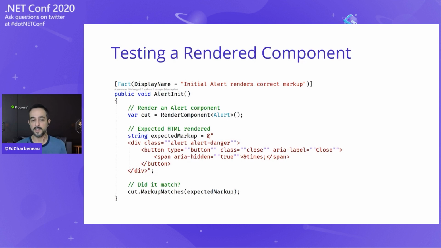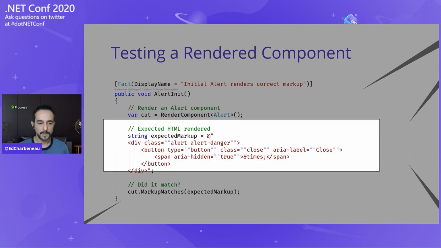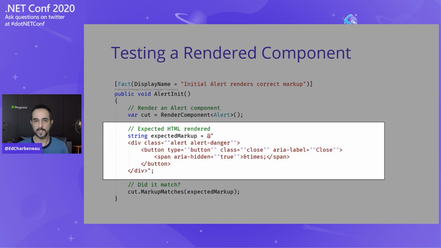So we're going to test to see if the initial rendering of a component is valid and what we expect. So the first thing we'll do is we'll tell bunit to render that component, and we're going to render an alert component. We'll set up the rendered HTML of what we expect that to be. And again, this is a semantic comparison, so white space and things like that aren't necessarily going to matter here.